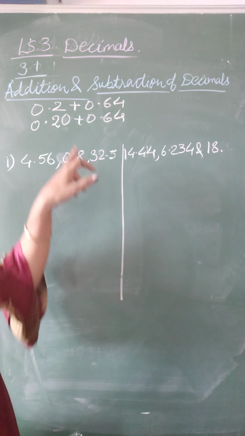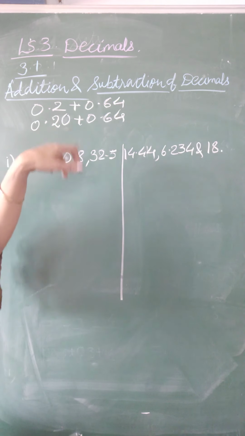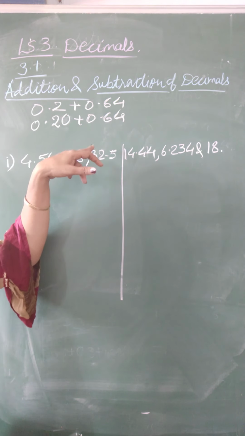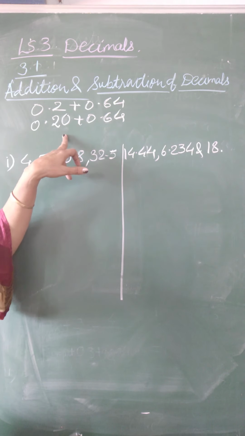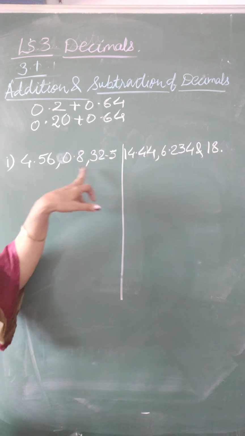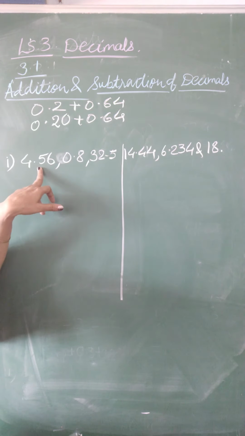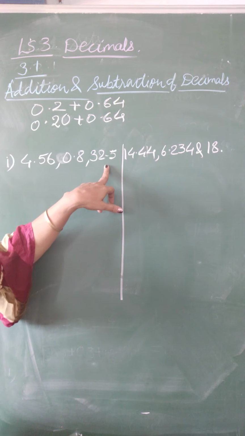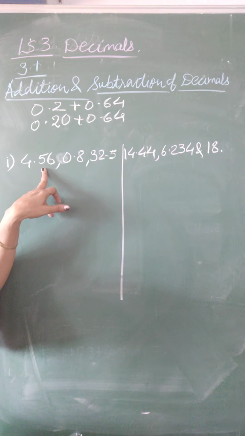After that, you have to arrange the numbers one under the other in columns such that their decimal points are in the same column. This point will be clearer if we take an example. First of all, see whether all the numbers have like decimal places. Here 1 decimal place, here 1 decimal place, and here 2.